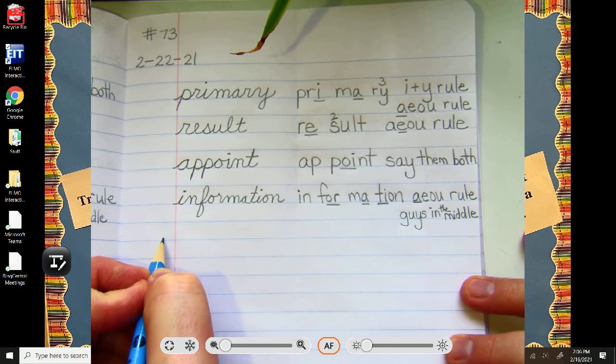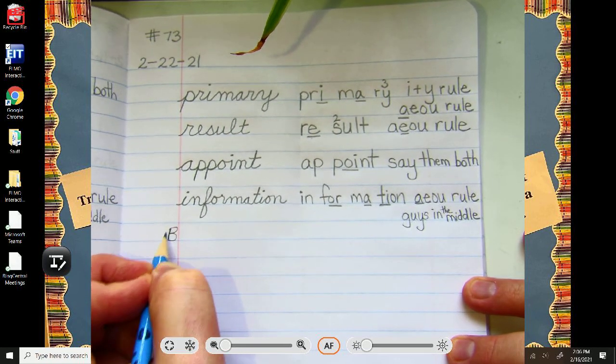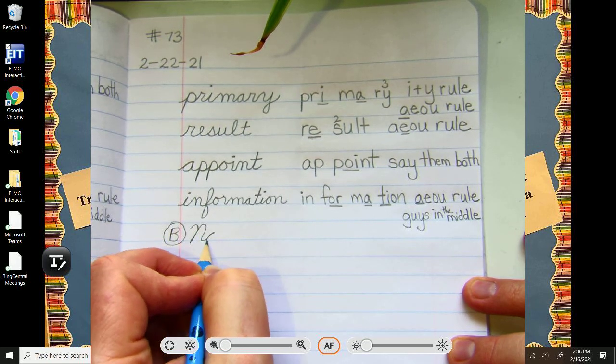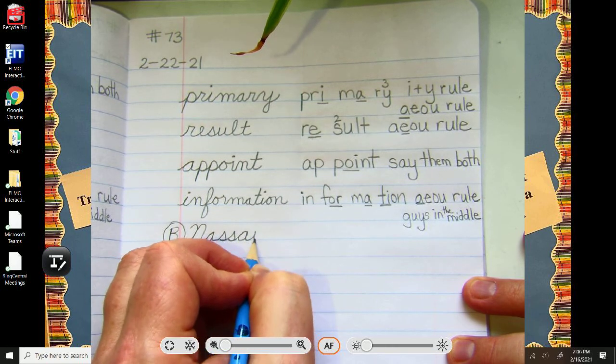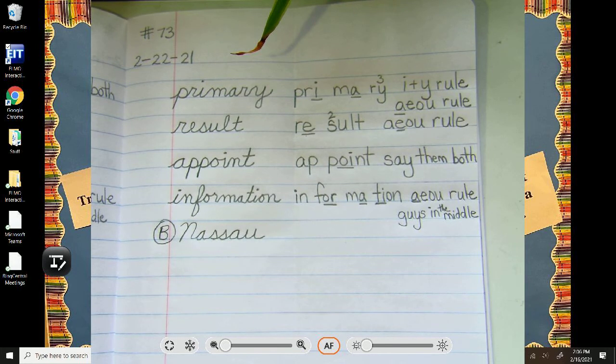Then, scholars, our bonus word is Nassau. Nassau is the capital of the Bahamas. Nassau.